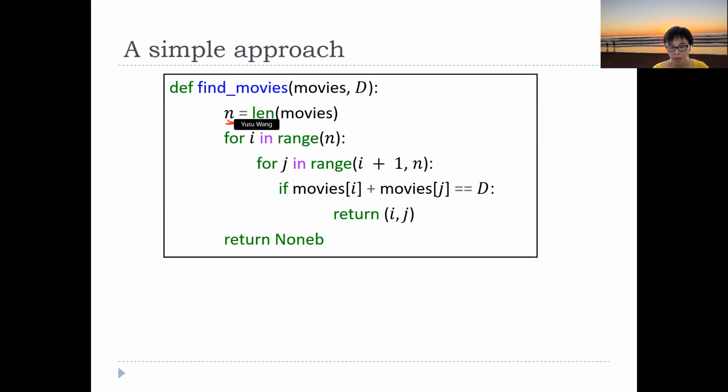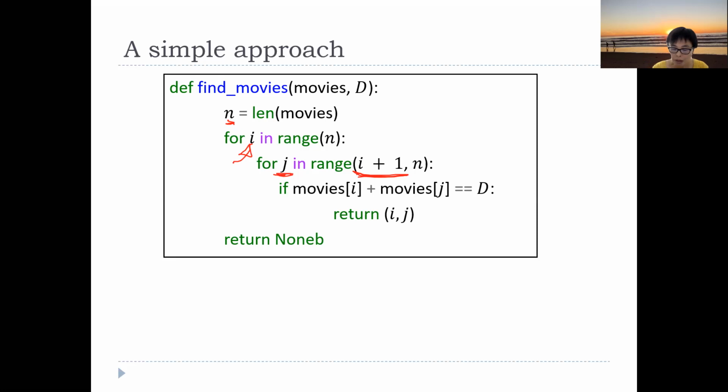Then the first movie is i. You first go through each of the first movies. For the second movie, you don't have to go through the part that the first movie already covered, so the second movie goes through the remainder of the list. The first one goes from 0 to n-1, and the second one goes from i plus 1 to n-1.